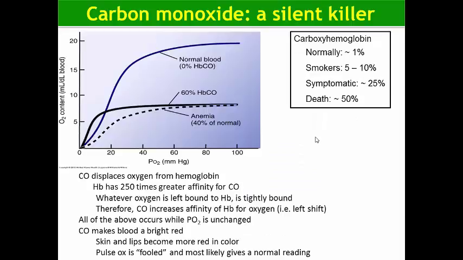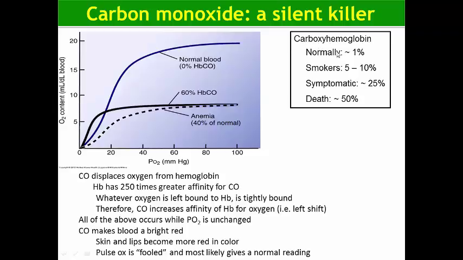Carbon monoxide also causes shifting of the curve to the left, and it is a silent killer. When carbon monoxide binds to hemoglobin, the result is carboxyhemoglobin.